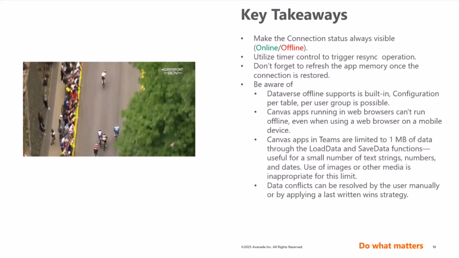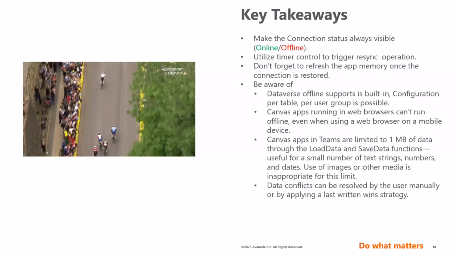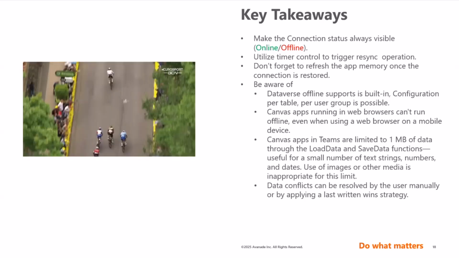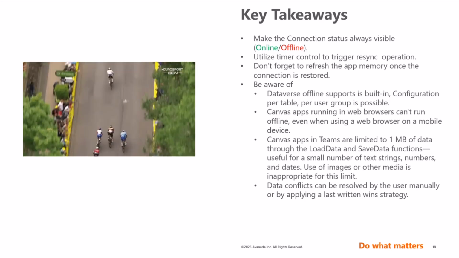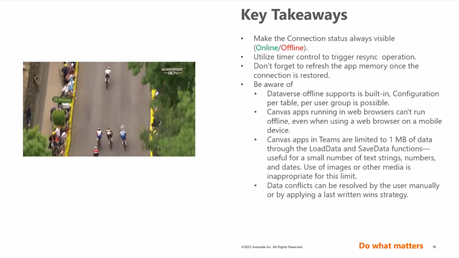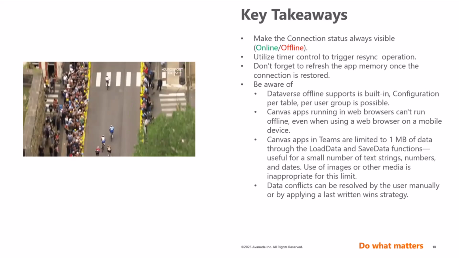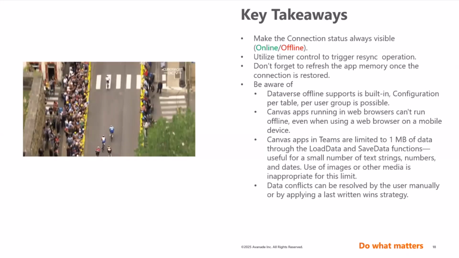Data conflicts can be resolved, as I mentioned, by the user manually or by applying a last-written-wins strategy. If a conflict is detected, it can update the central database with the value from the local data. Finally, the local data is cleared after the synchronization.